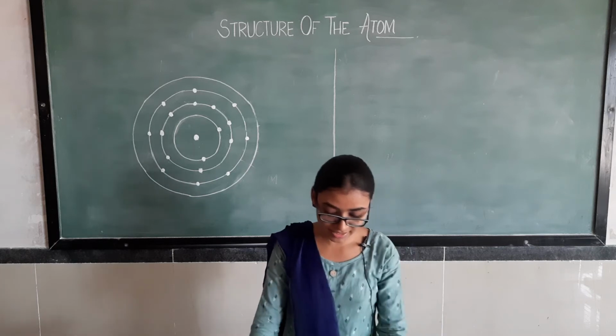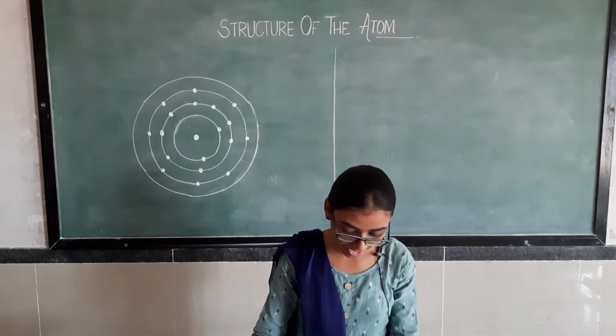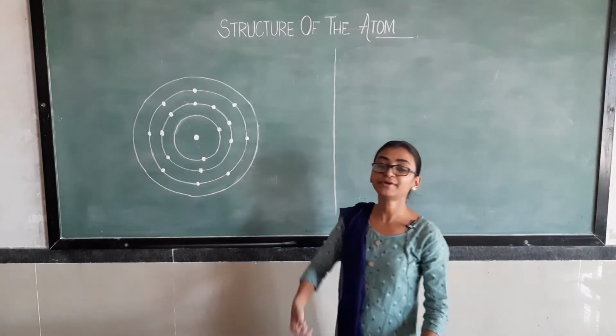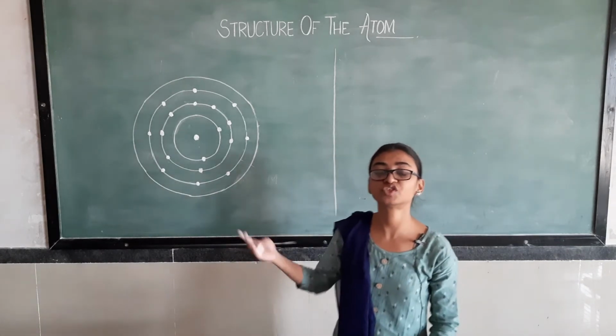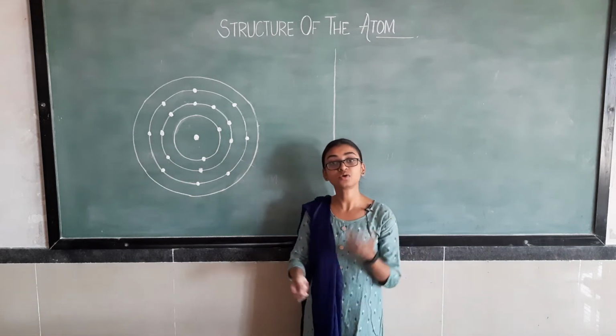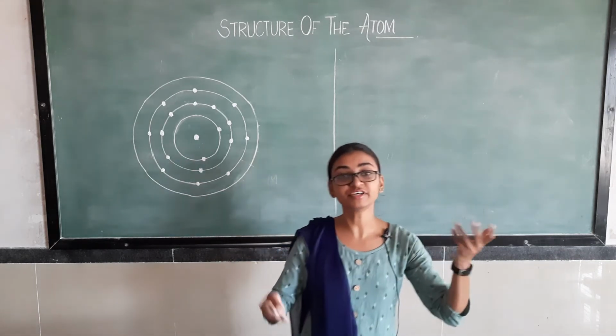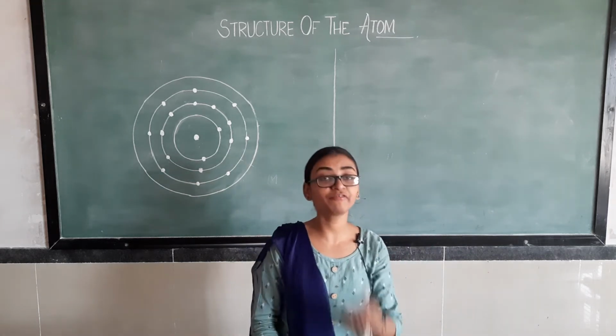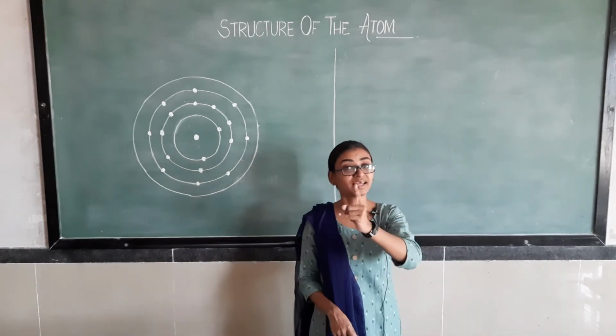The electrons present in the outermost shell of an atom are known as valence electrons. So the electrons present in the outermost shell are known as valence electrons. The valence electrons for different atoms are different. In the case of hydrogen, the number of electrons present in the outermost shell is 1.